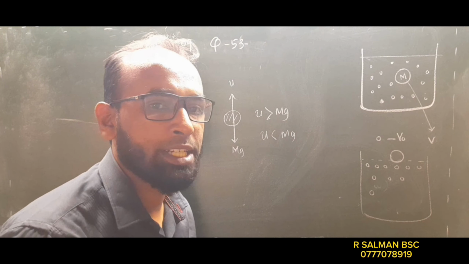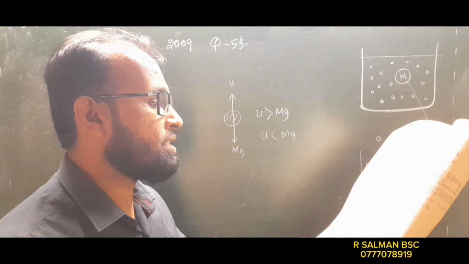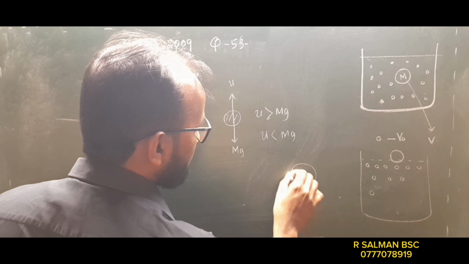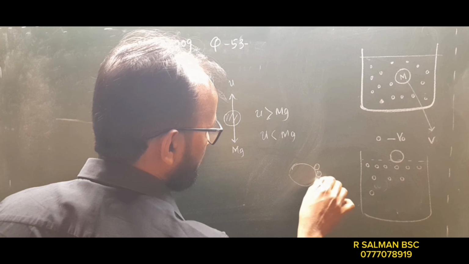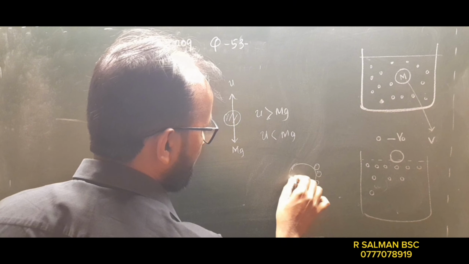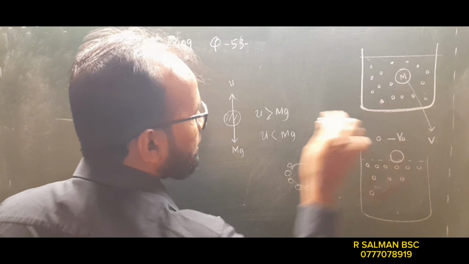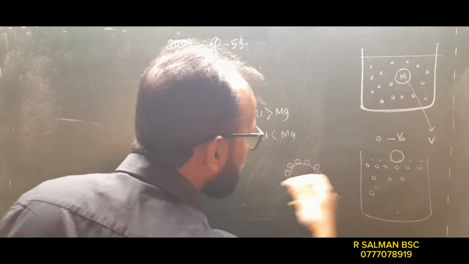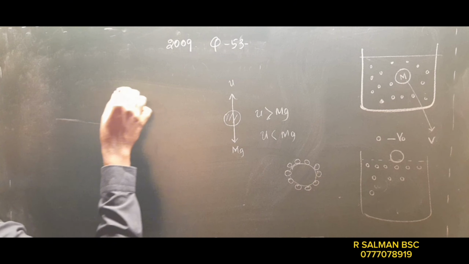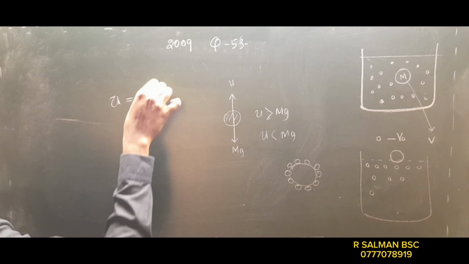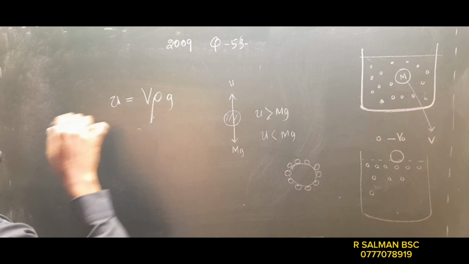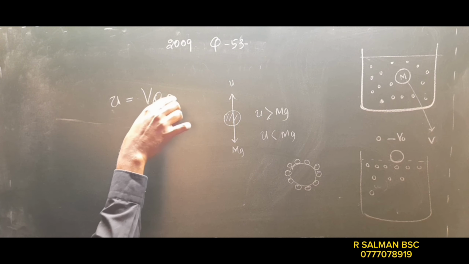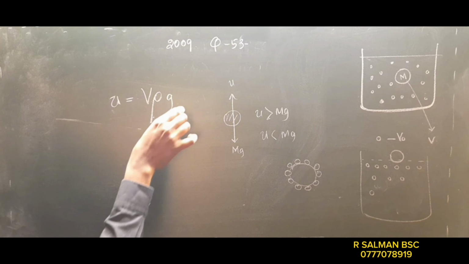Practically what they are trying to do is make this water bubbled, and make some bubbles get stuck to it. The bubbles have a volume V0. So when the number of bubbles attached increases, what happens? You know the formula for upthrust: immersed volume, density of medium, and gravitational acceleration.